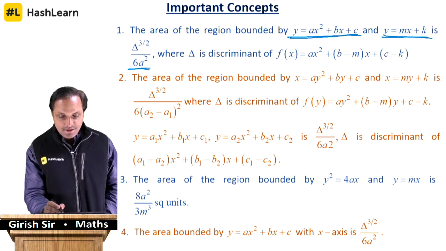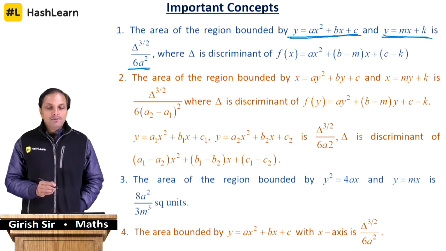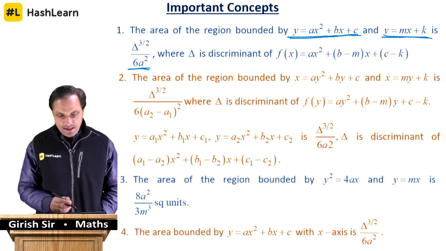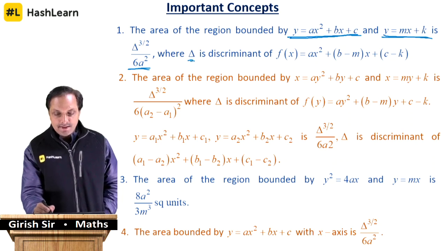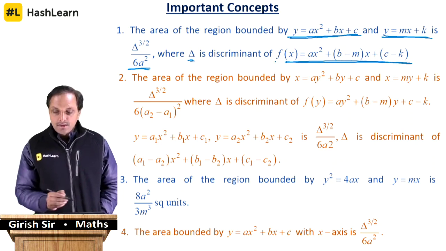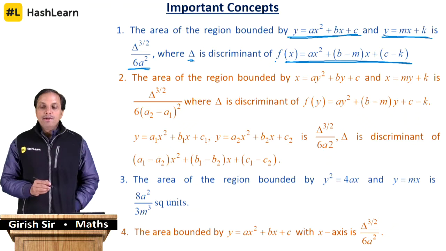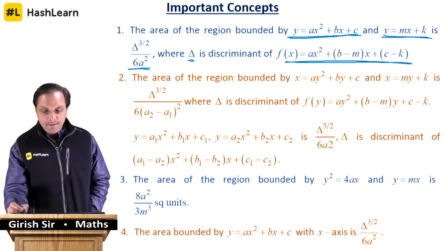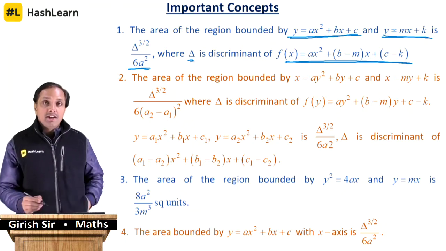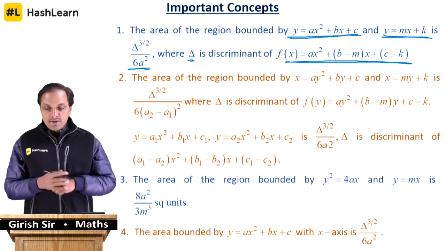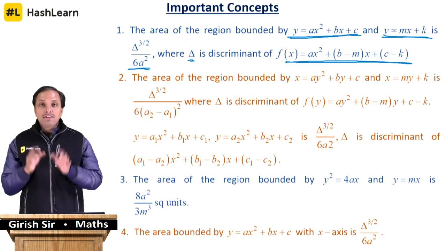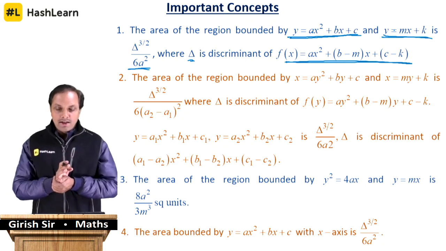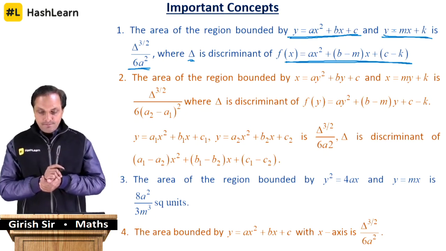Area between them is del power 3 by 2 whole divided by 6 times a square, where del is the discriminant of ax square plus b minus m into x plus c minus k. So what you have to do is find a, find b, find m, find k and find c. So when you have these standard types, you can directly use the formula.